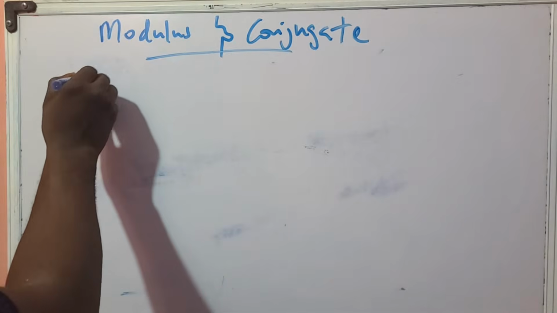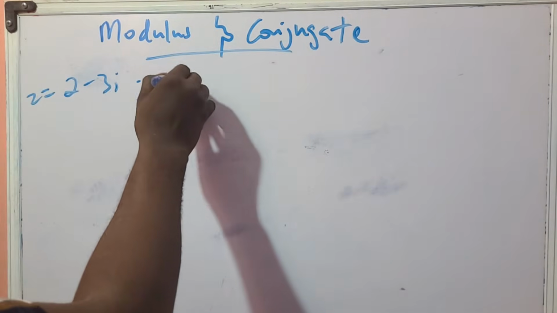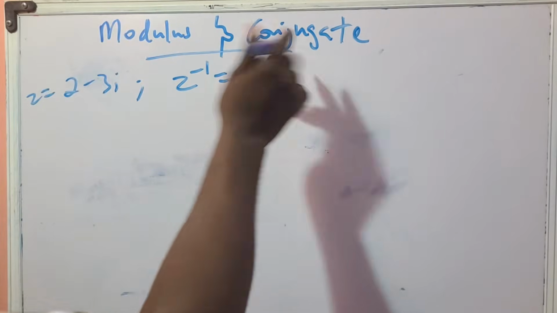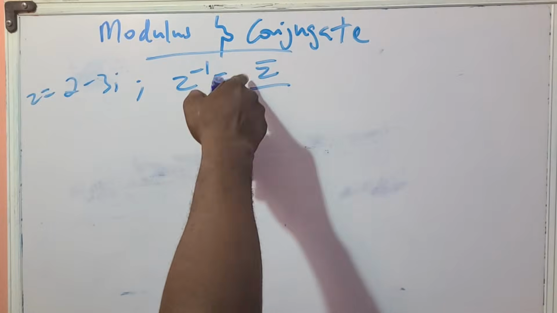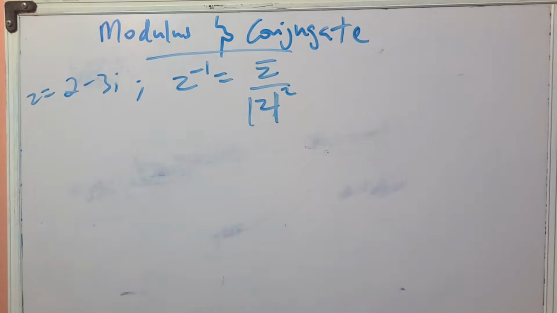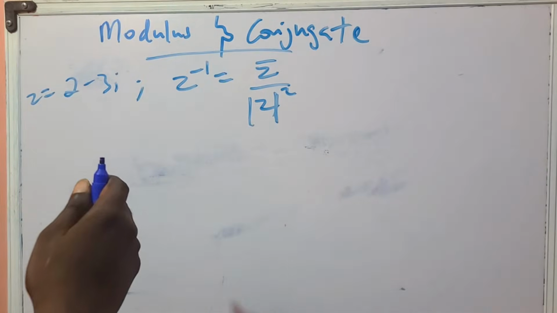So 2 minus 3i. Let's say this was Z. What I'm interested in when I'm asking to find the multiplicative inverse is for you to go on to find, of course, what I just explained, the conjugate over the modulus square. So what is the conjugate? Look, if you look at what we have right here, first of all, let's try and find the modulus.